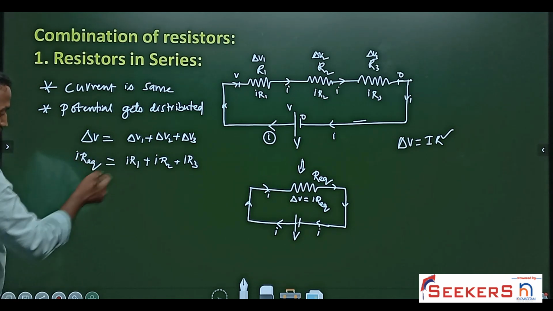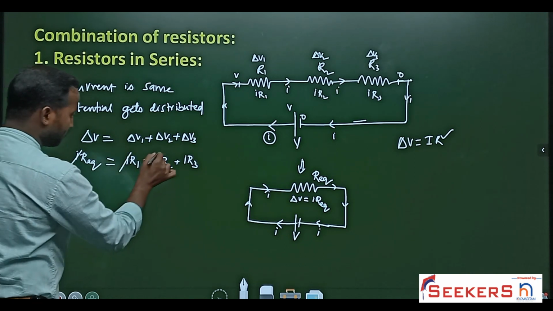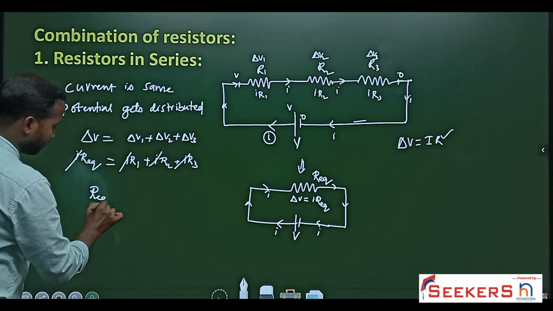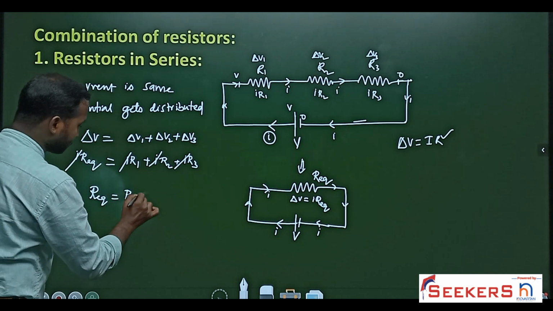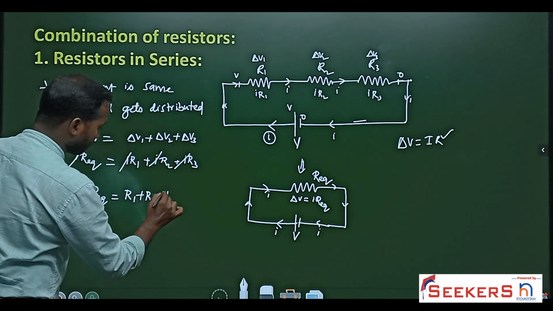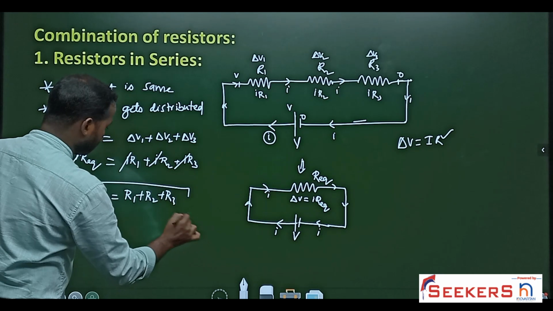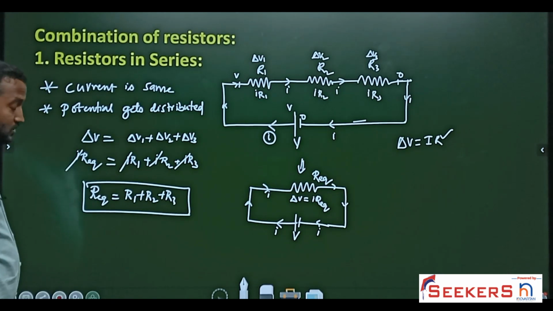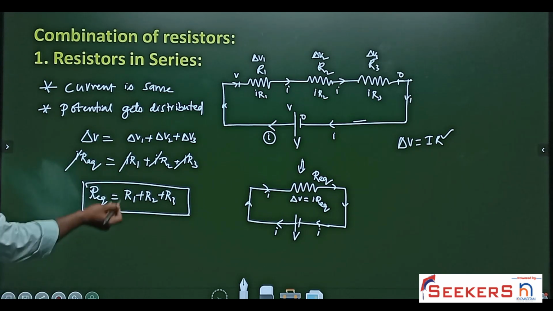Since all the currents are the same, I gets cancelled on both sides, and R equivalent is equal to R1 plus R2 plus R3. This is the equivalent resistance of resistors connected in series.